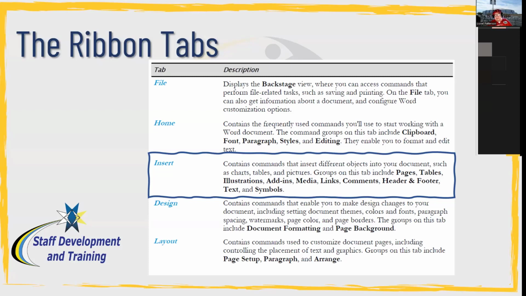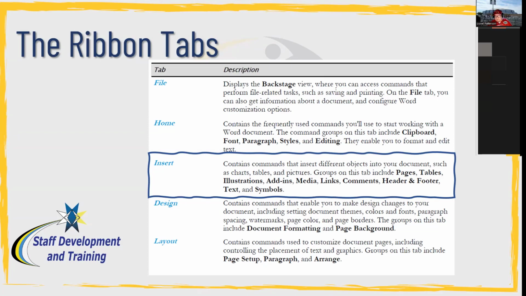Home tab is basically going to be the default tab that you're going to see upon launch of the application software. This tab consists of command groups: clipboard, which is your cut, copy, and paste feature. Font group, your font characters. Paragraph is your paragraph arrangements.